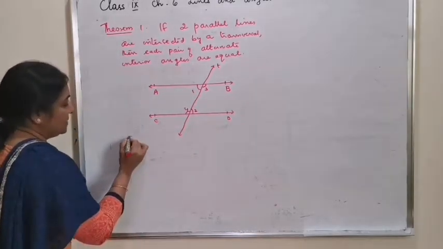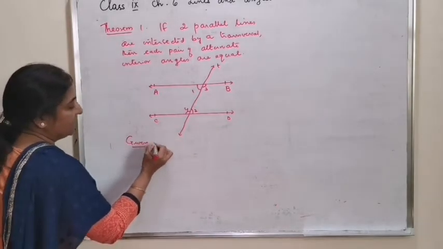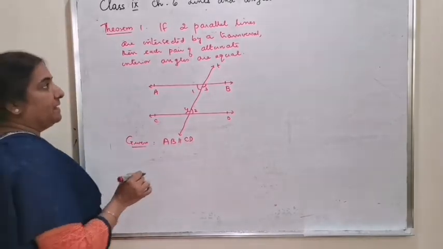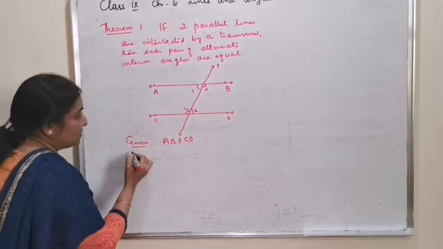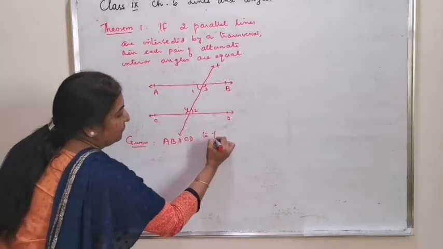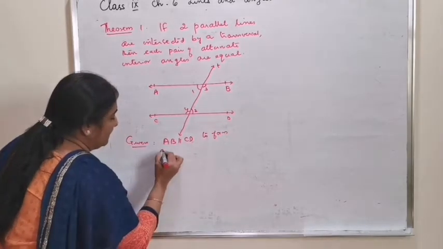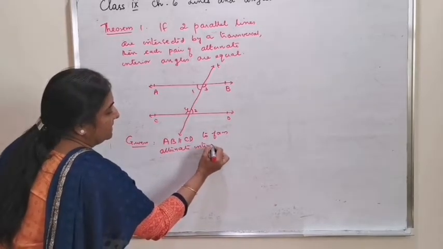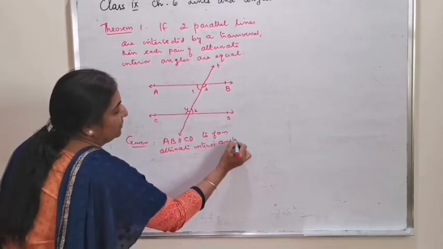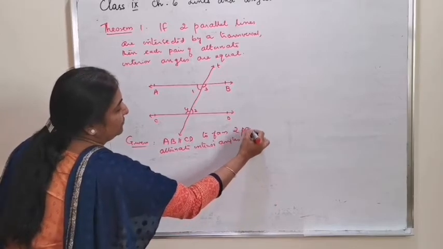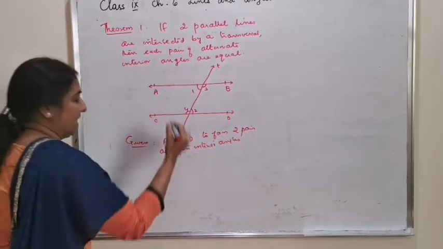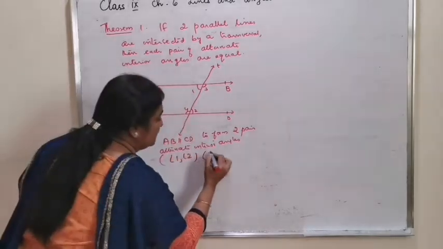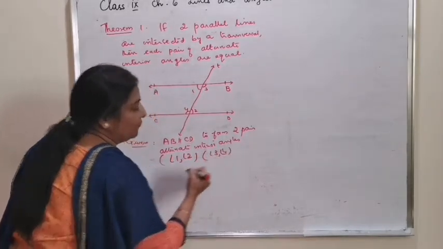Now, the given condition is AB parallel to CD, to form two pairs of alternate interior angles, angle 1, angle 2, angle 3 and angle 4.